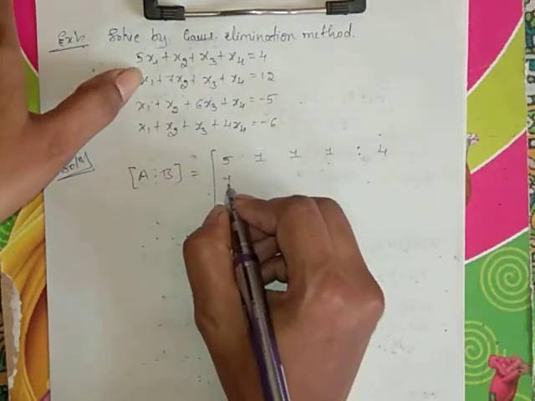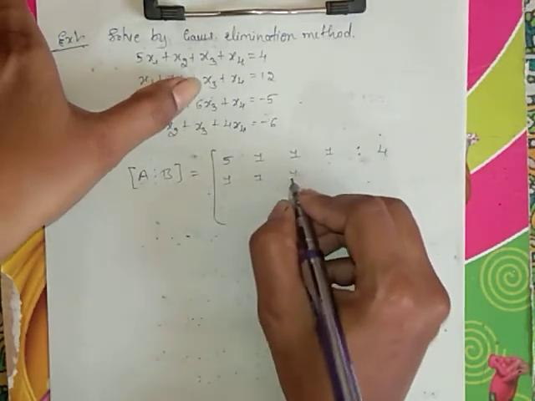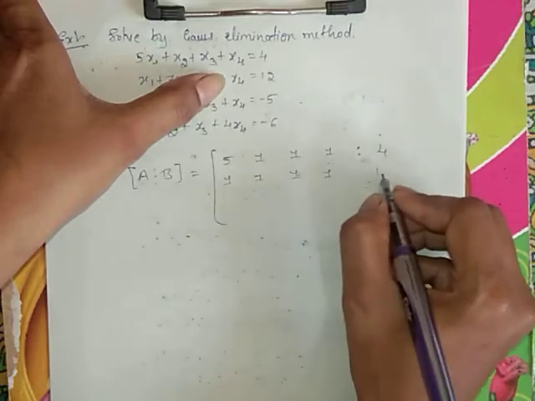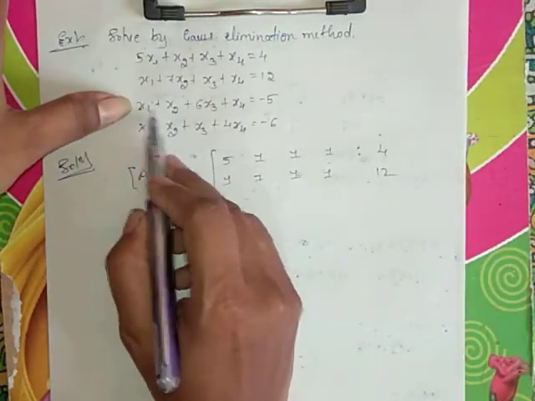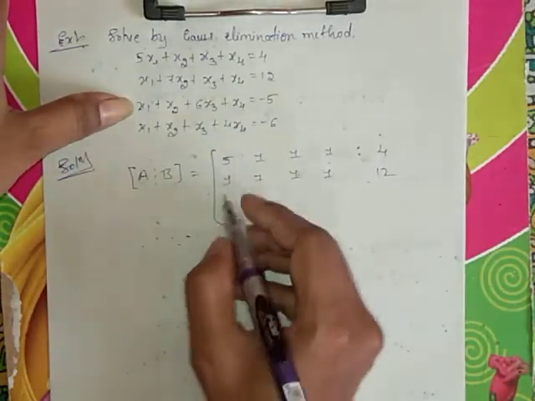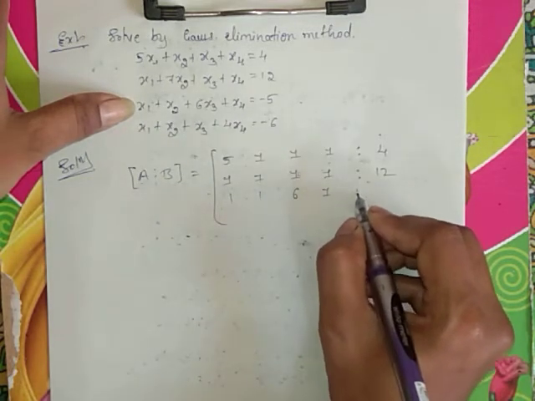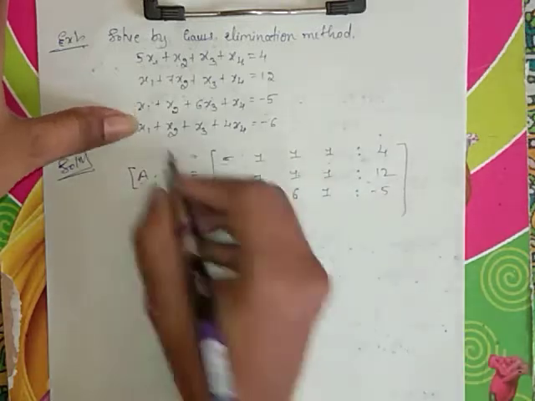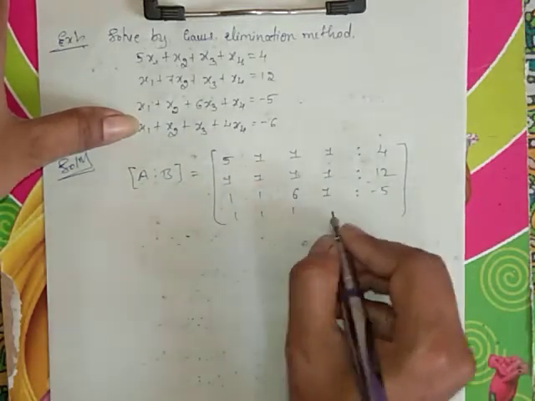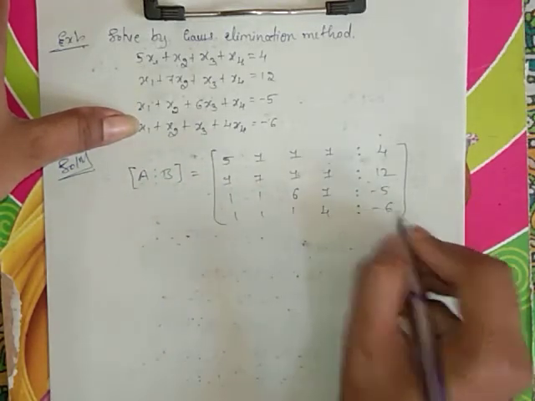Next 1 7 1 1 12. Next 1 1 6 1 minus 5. Next 1 1 1 4 minus 6.